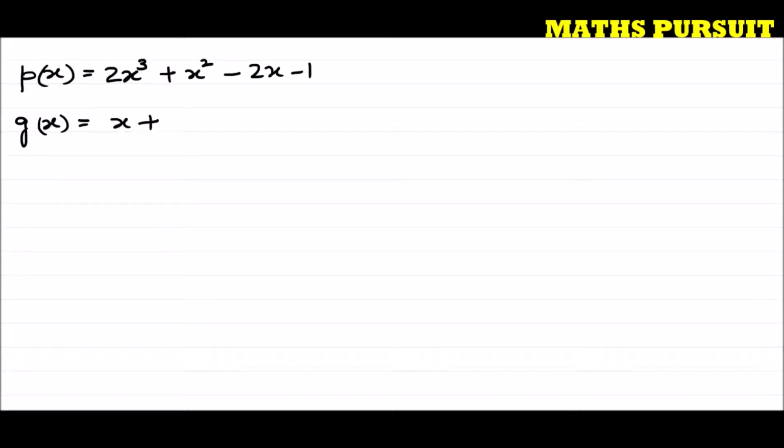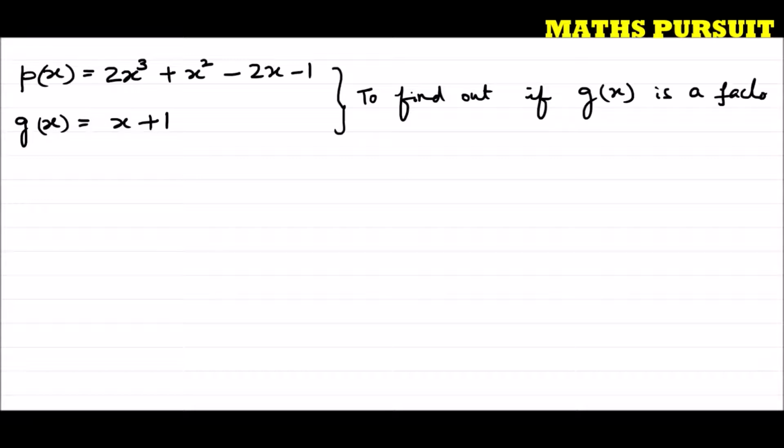The question has given us these two polynomials: p(x) = 2x^3 + x^2 - 2x - 1, and g(x) = x + 1. The question is asking us to find out if g(x) is a factor of p(x) using the factor theorem.